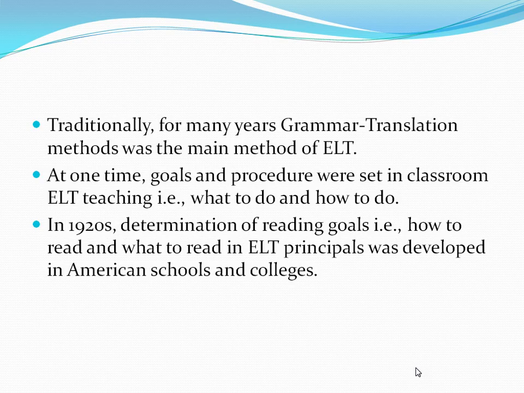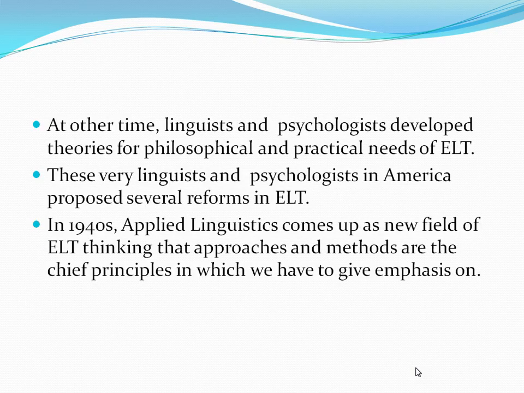But in the first half of the 20th century and the second half of the 19th century, their necessities varied: immigration, business, policy, higher education, economics. For this reason they had to determine what to read, how to read, whether they would be able to read, and in which way they would read.